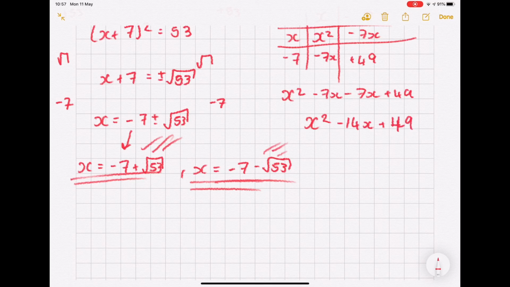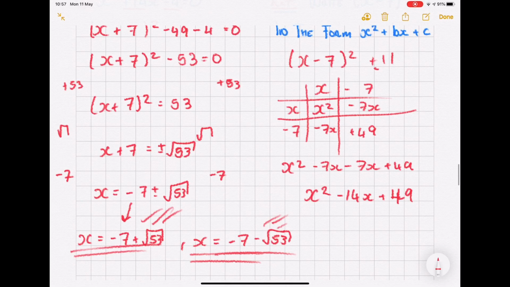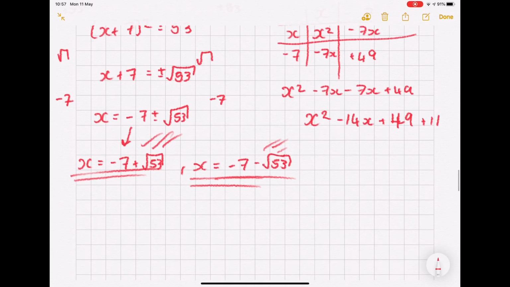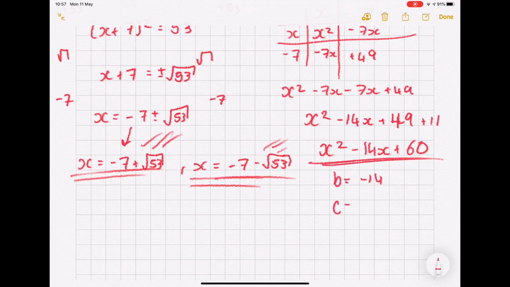But don't forget we've got the plus 11 on the end, so let's stick that on the end, plus 11. So let's tidy this up a bit. We'd end up with x squared minus 14x plus 60. And that's your final answer. So b would equal minus 14, c would equal 60. So if you got that, fantastic. Give yourself some ticks. Well done.